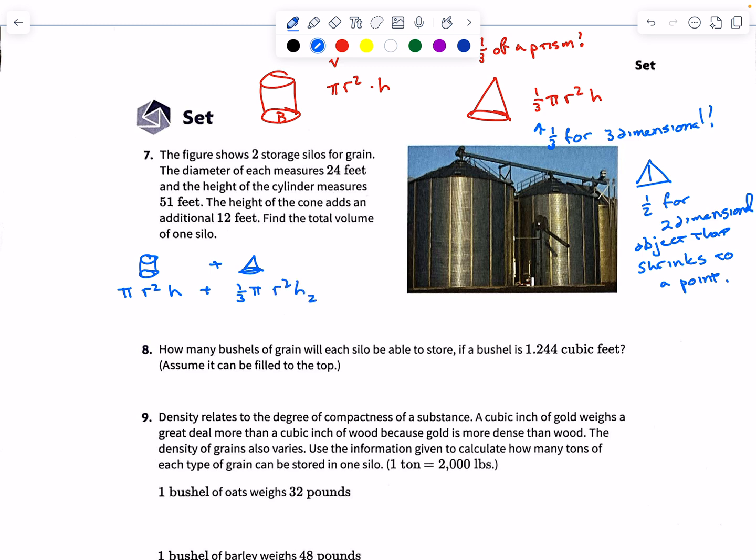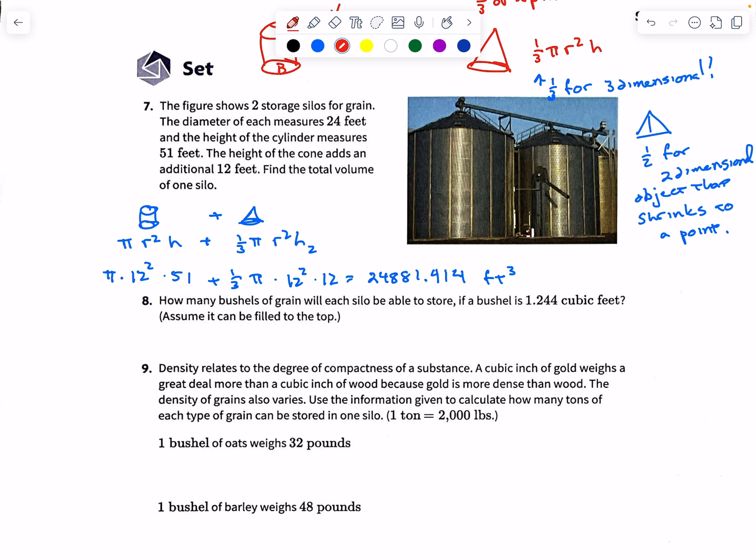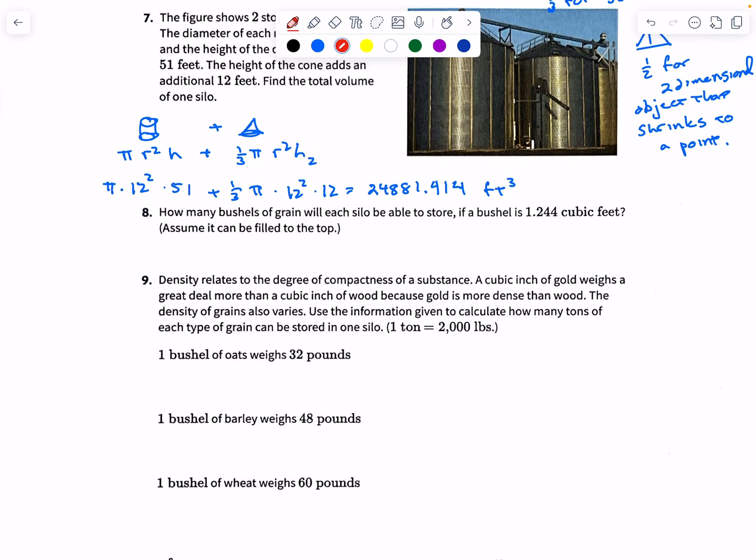I'll call this one H2. If I was rounding pi off to 3.14, we'd have about 24,900 instead.